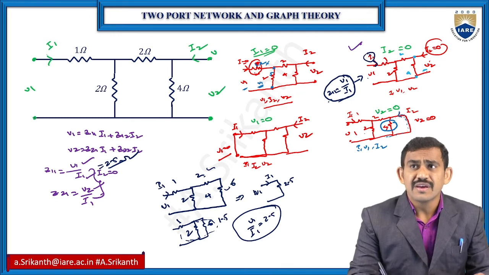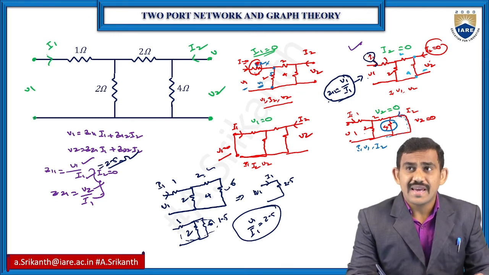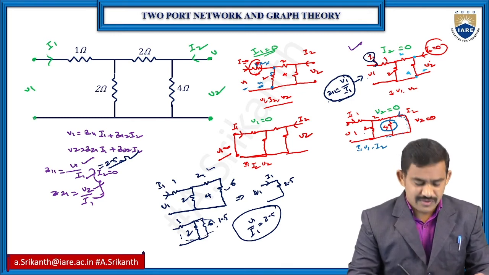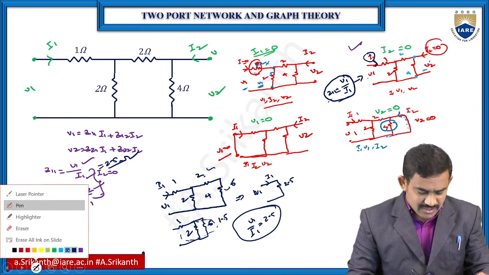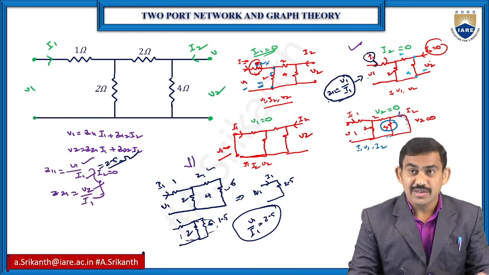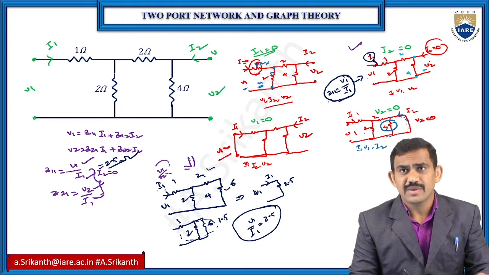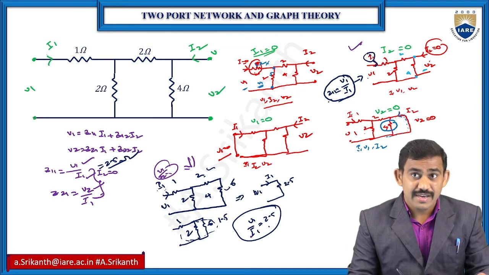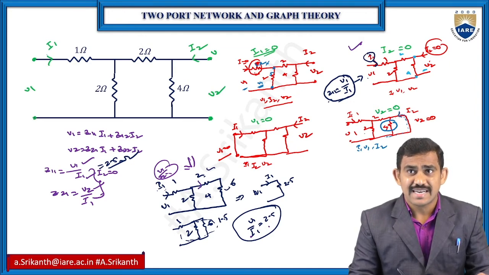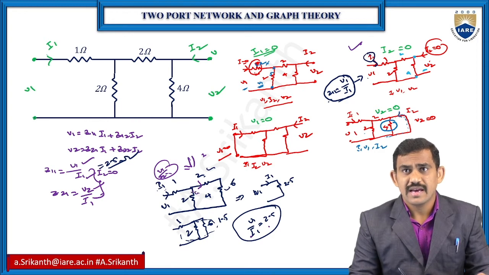How can I find the V2 value? From this circuit, if you observe clearly, guys, we will get the I2 value also. I know the I1 value, that is V1 by 2.5, am I right? So I1 is V1 by 2.5. Using the current division rule, we get this branch current, suppose IA and IB.